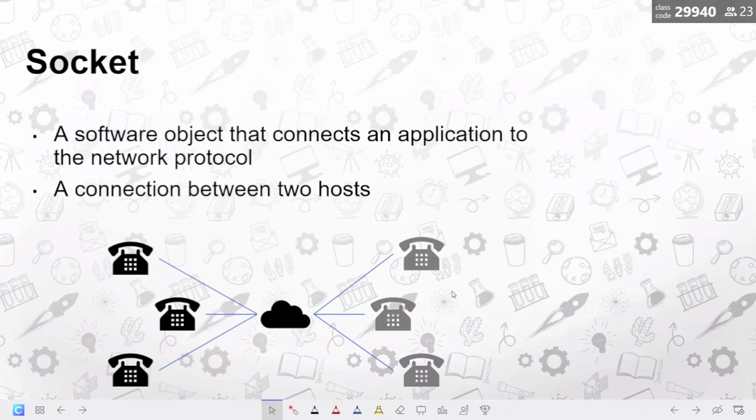What would you have to do without a socket is, first, craft the HTTP message, and then split that message into multiple segments. Then for each segment, you have to assign the source and destination ports manually.